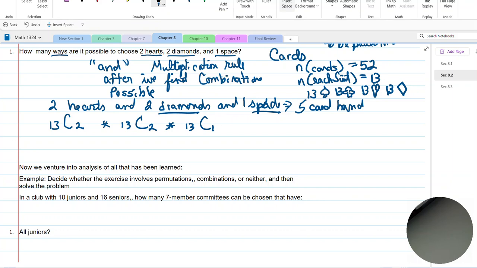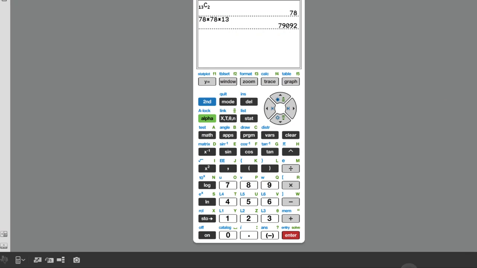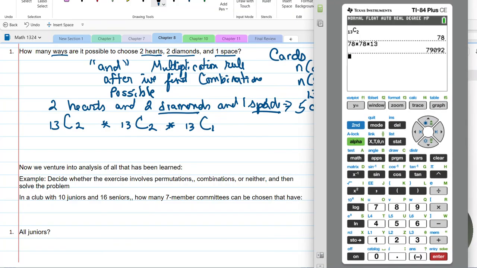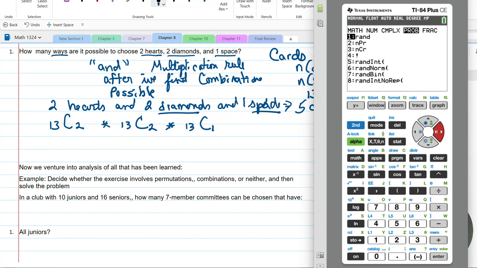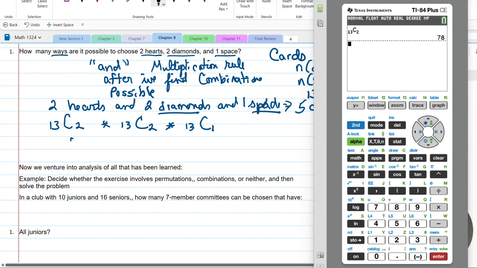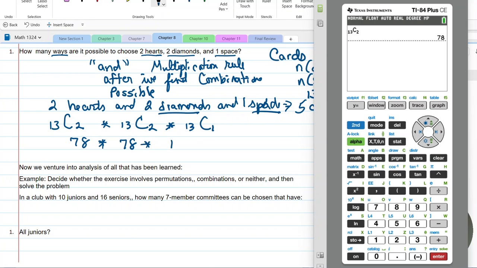Okay, so we're going to do the math on this. I'm going to clear everything. So I'm going to do 13 math, arrow over to probability, choose number 3 and put 2. And I get 78. Yes, it is. And this one's the same. And now we know that 13 choose 1 has only 13 ways to choose one grouping of 1.